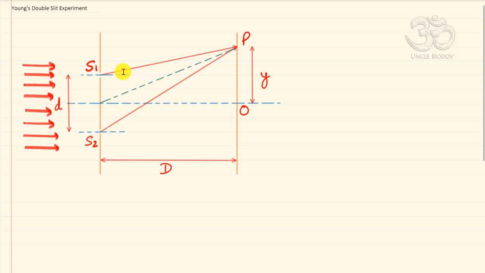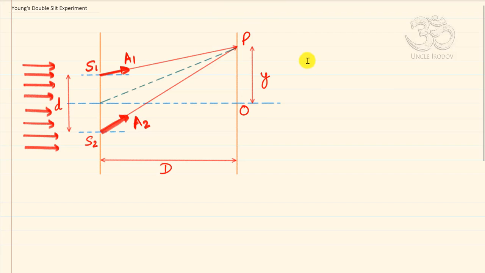So if there is one wave S1P coming in, and if there is another wave S2P coming in, then I have to find out what is the phase difference between them, and that is what will dictate what will be the net amplitude at P. So perhaps slit S1 lets out A1 amplitude and slit S2 lets out A2 amplitude. So you have A1 amplitude going from slit S1 and A2 amplitude going from slit S2, like that. And I want to figure out what is the net amplitude at P.